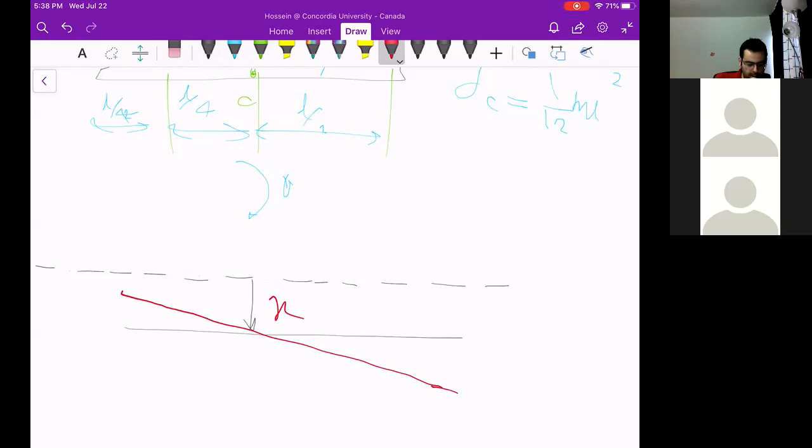The left spring will oppose the motion, and the right spring will also oppose the motion.